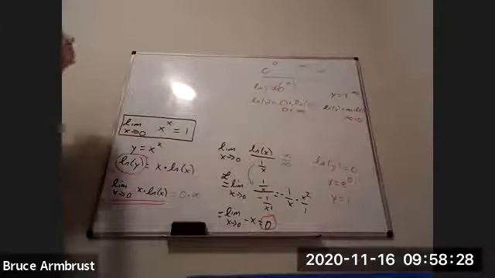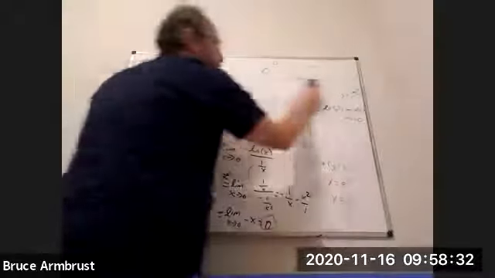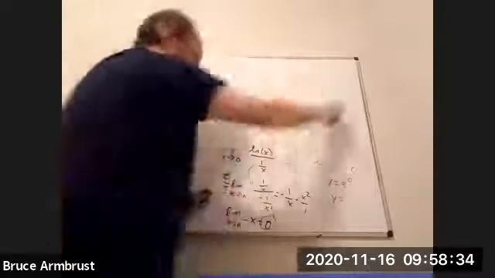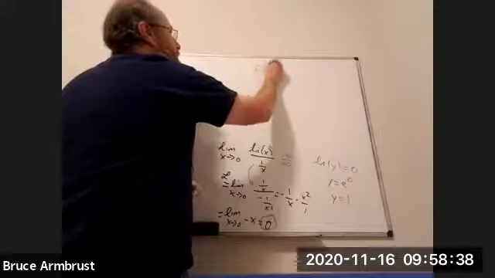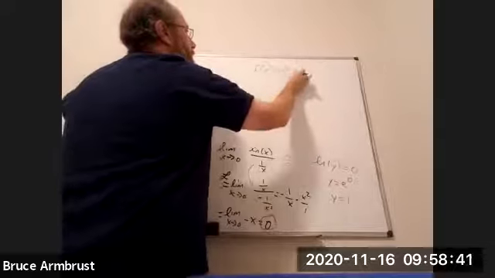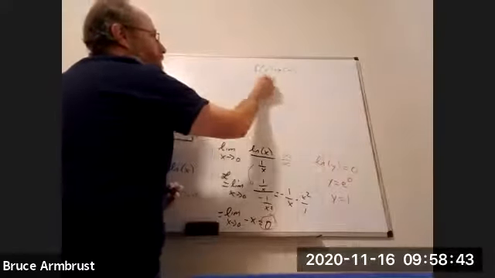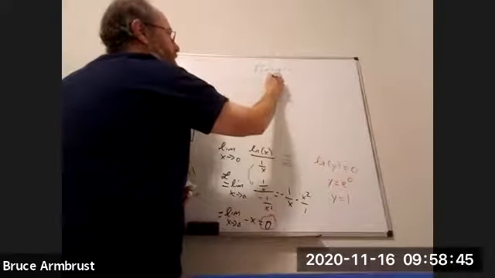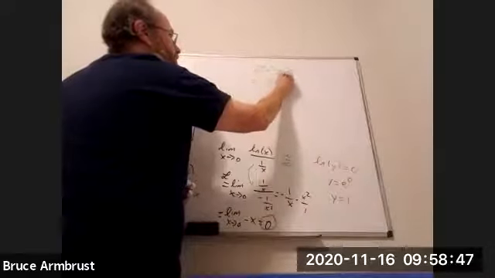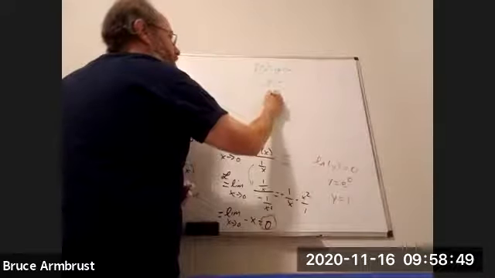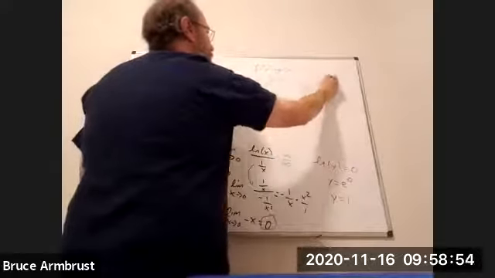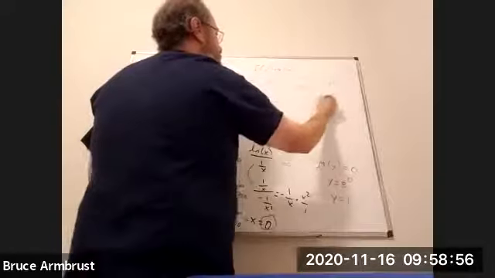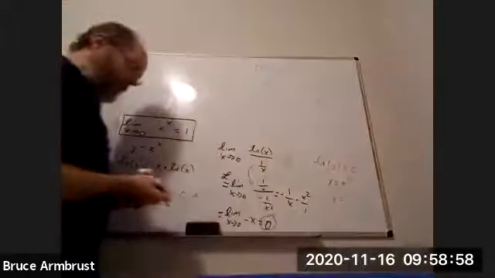Sure. So let me just go back to it in general. If we've got f times g, you can actually write this as g divided by 1 over f, or you can write it as f over 1 divided by g.